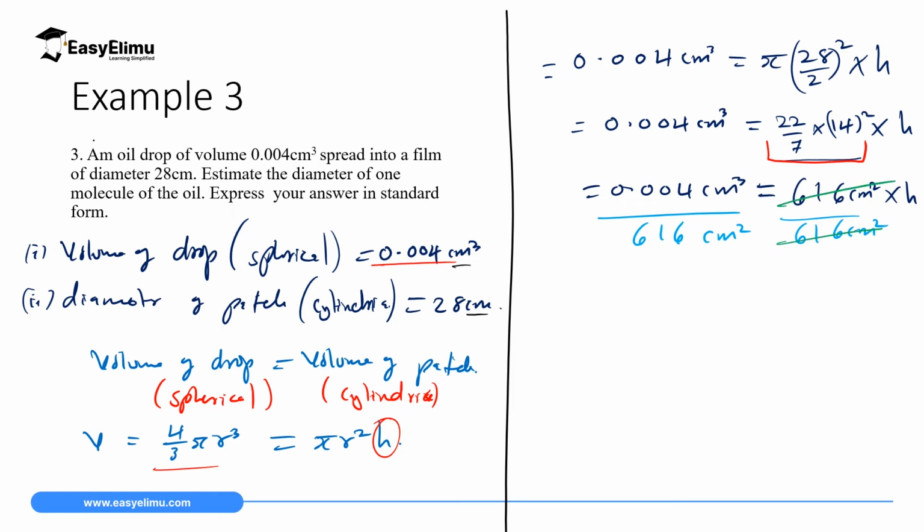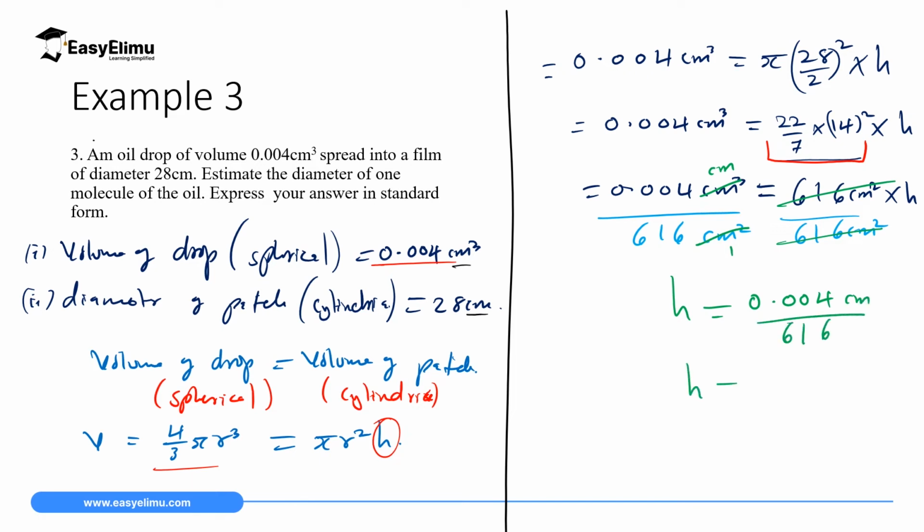Then we will remain with h, which is the thickness or the diameter of the molecule, equals centimeter cubed over centimeter squared, to remain a centimeter. So we remain with 0.004 centimeter divided by 616.